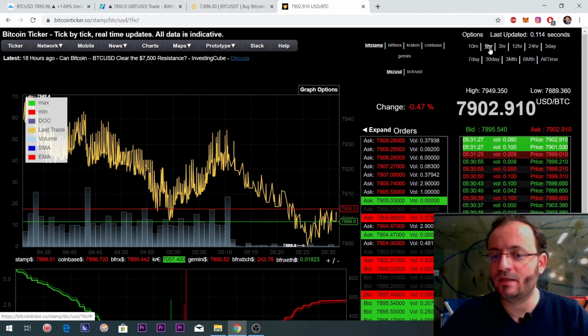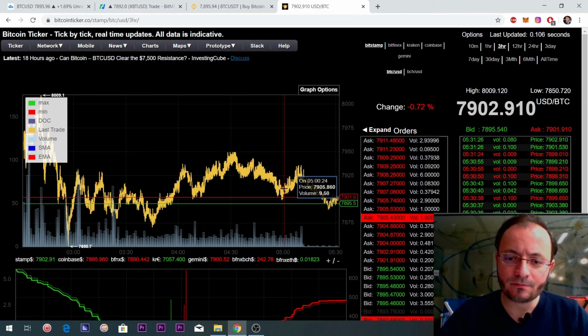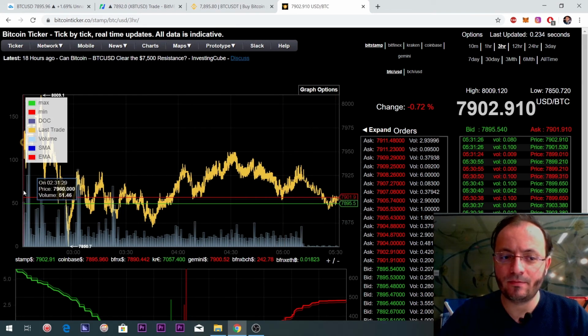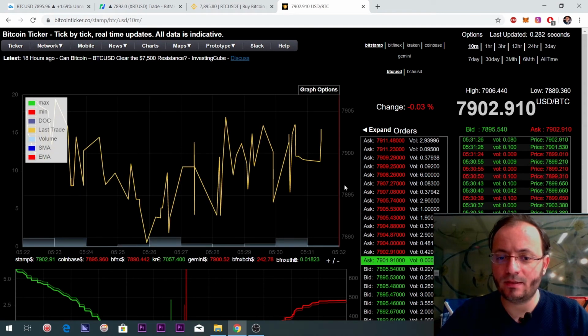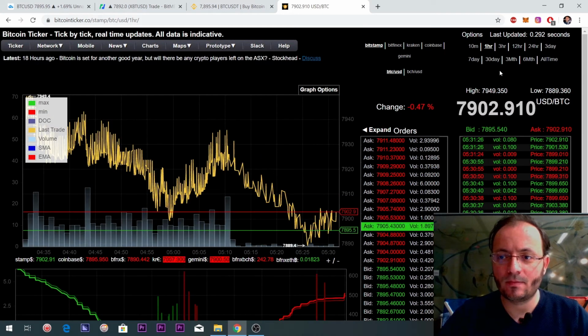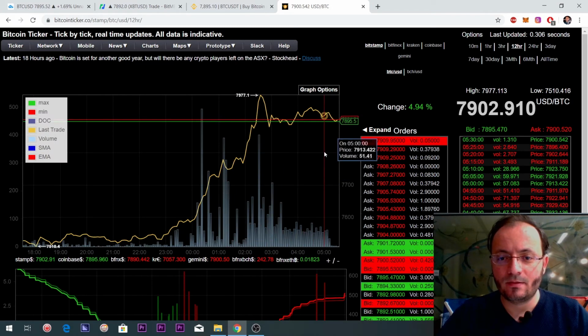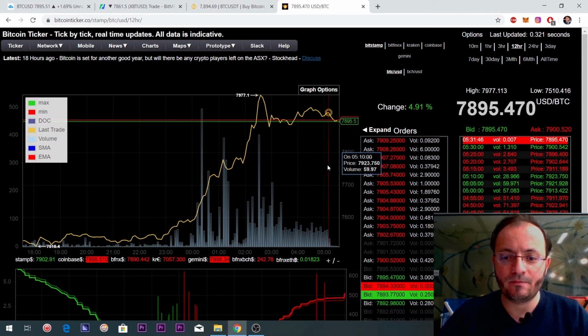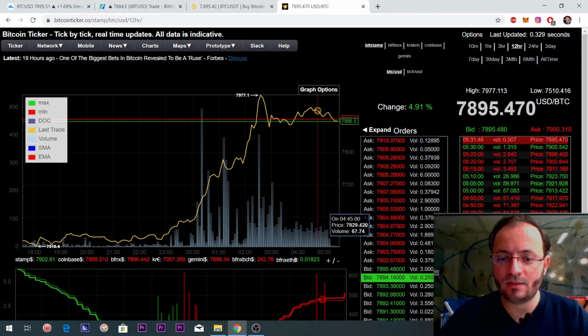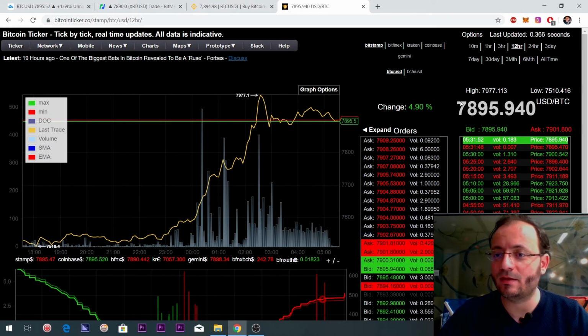This is the 1 hour chart. This is the 3 hour and the 10 minutes. The higher the time frame, look, the volume is quite descending right here.